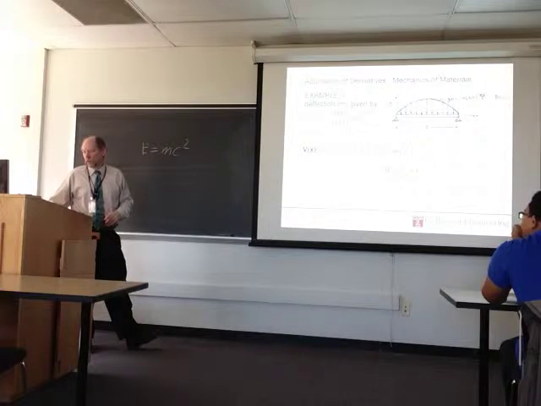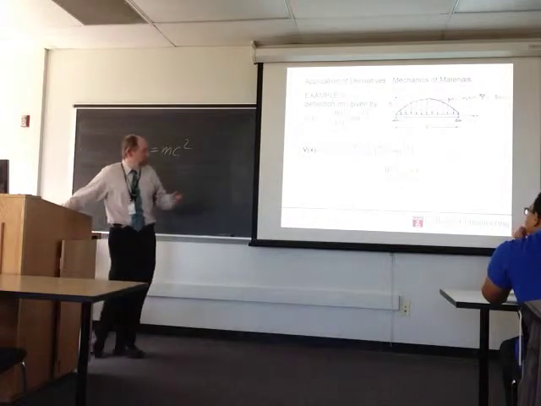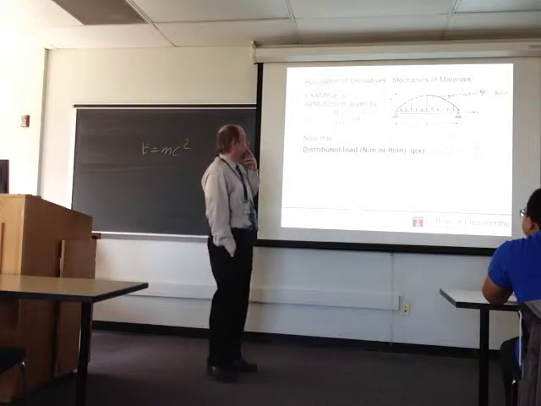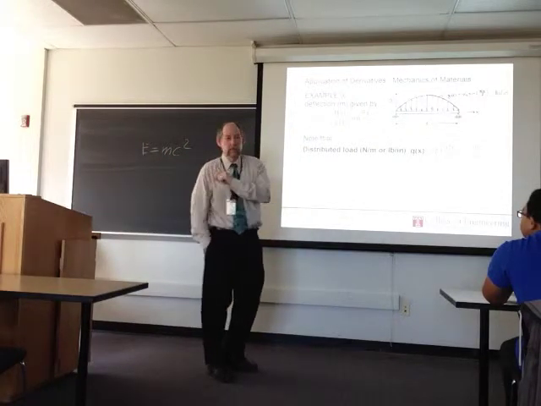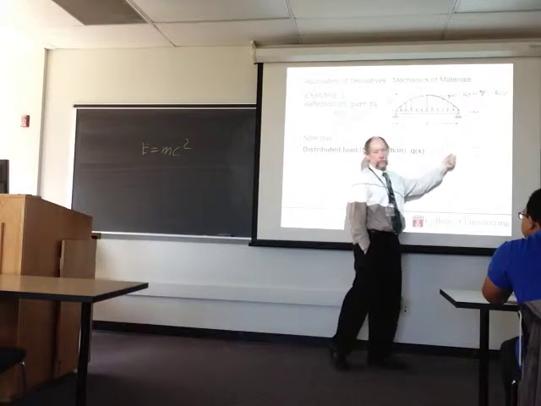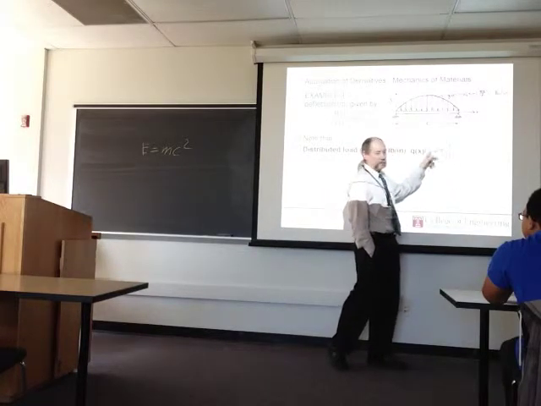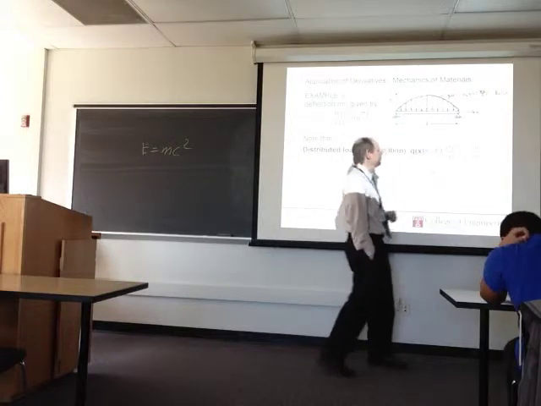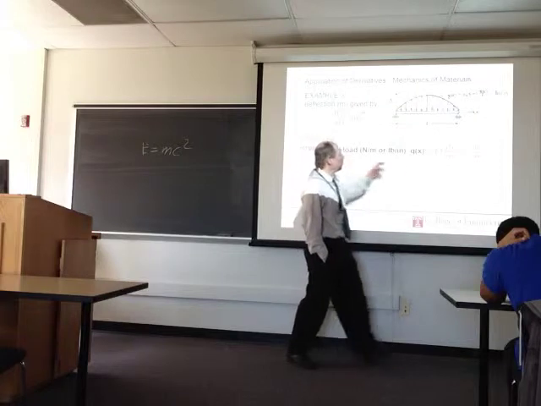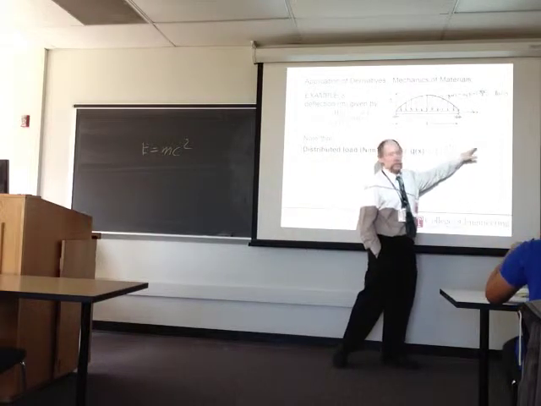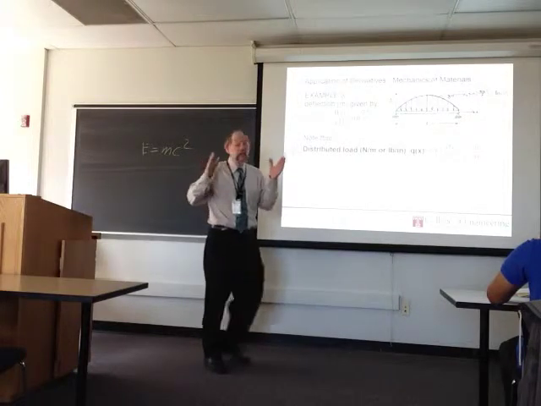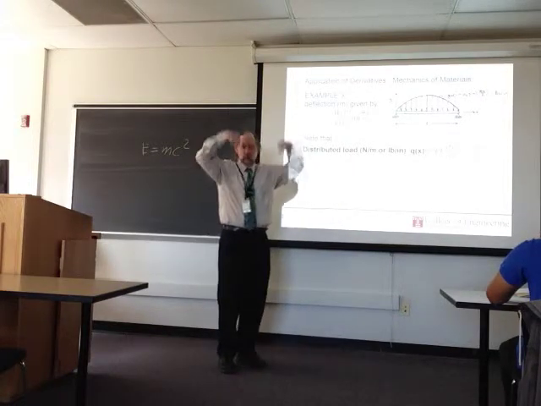Right. So let's take the fourth derivative. I know what happened. The distributed load is minus EI times the fourth derivative. That's where I was looking for that minus sign, and that's where it comes in. So the negative derivative of the shear force is your distributed load, which makes sense if you think about it, because the distributed load is pointing down.